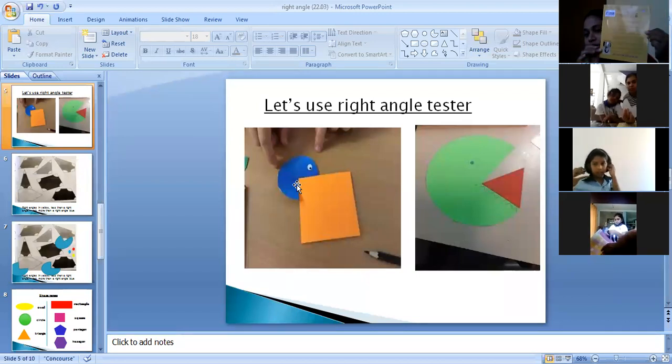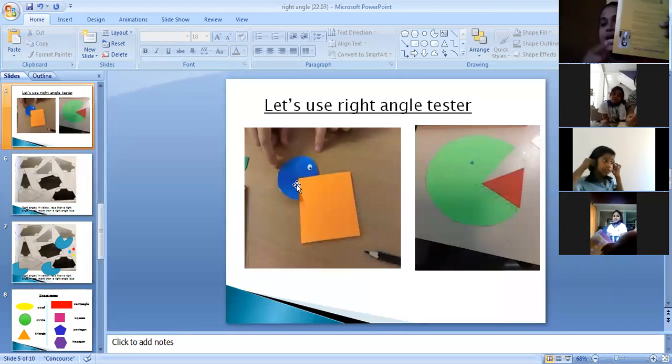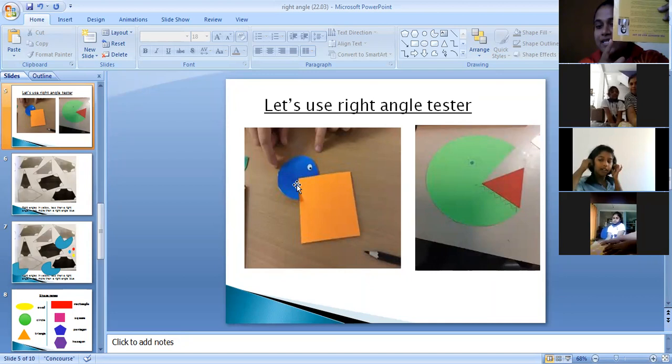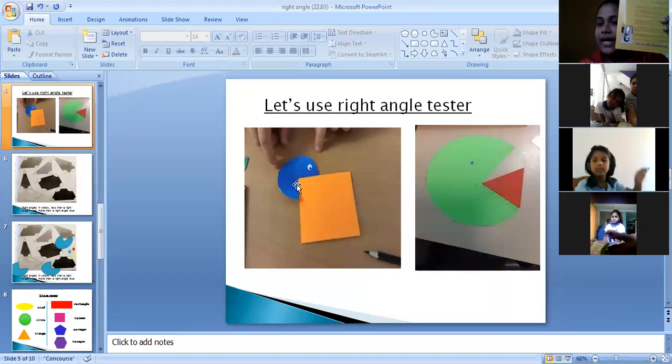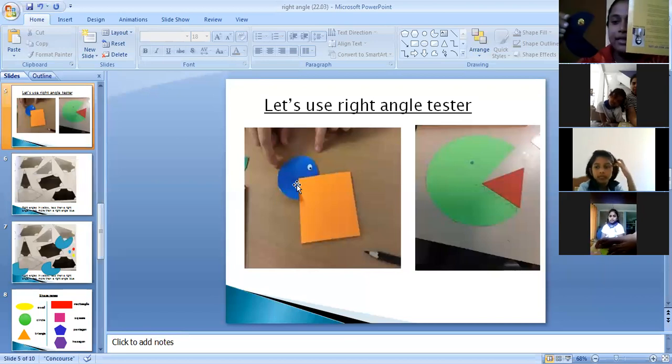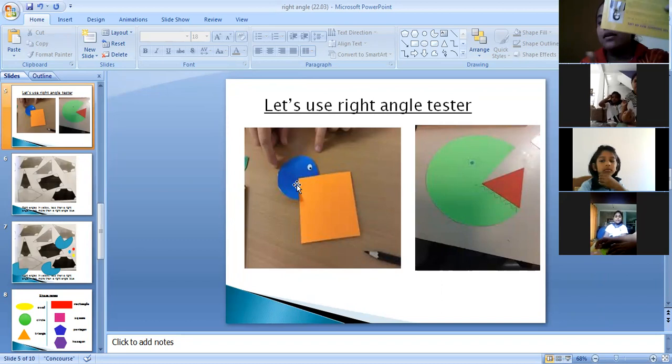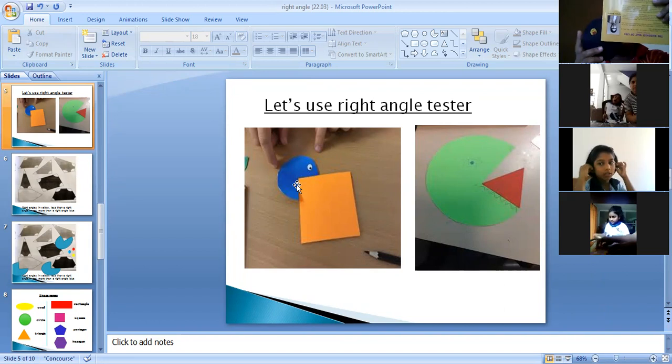Here I have your Buddhism book and I want to check whether this corner is a right angle. So I will take this and I will fit each side on the two sides we are going to check. Like this you should keep it.